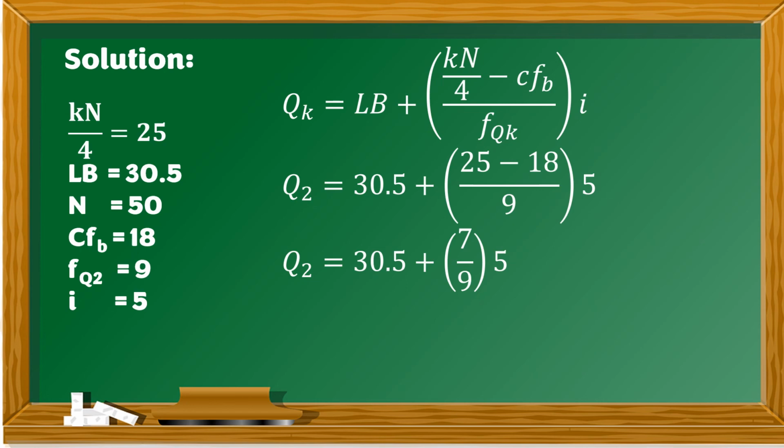So 25 minus 18 is equal to 7 over 9 times 5. So we have Q sub 2 is equal to 30.5 plus 7 divided by 9 times 5 is equal to 3.89. And 30.5 plus 3.89 is equal to 34.39. So Q sub 2 is equal to 34.39, or the middle quartile is equal to 34.39.